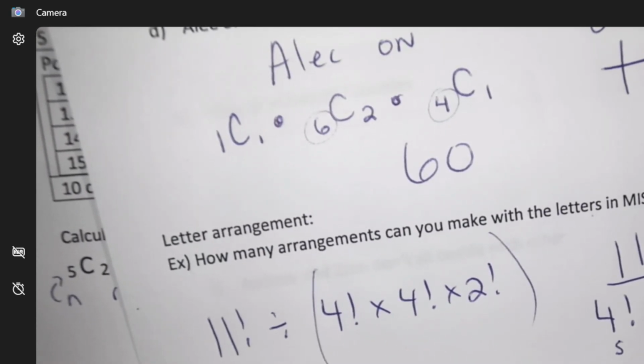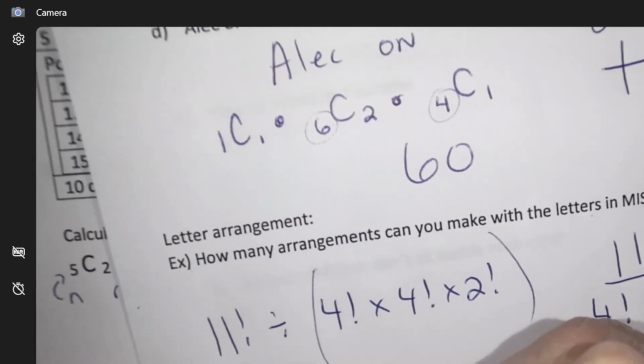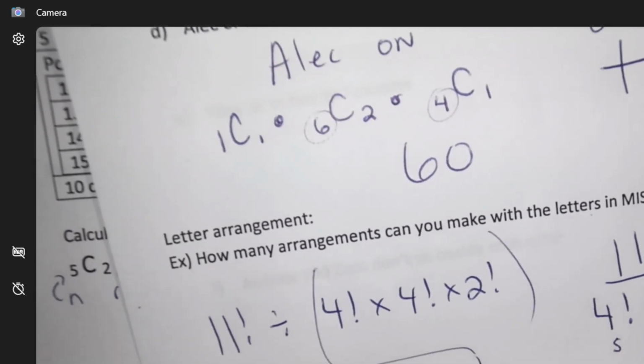Okay? So that's a very common mistake. 25% of students get this question wrong because they forget that they're doing a bracket situation. Check it out. Did we match?